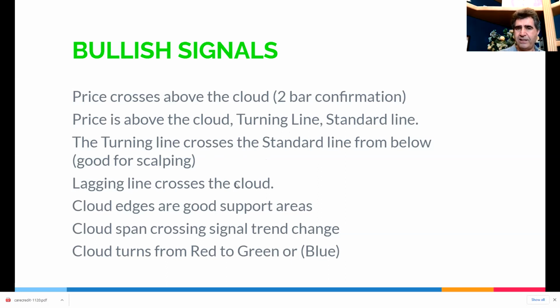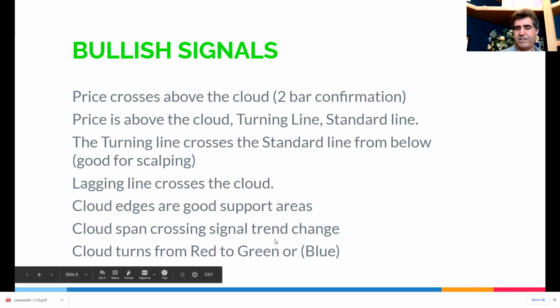When the lagging line crosses the cloud, the cloud edges are, as mentioned, very good support areas, so you can predict where you can put your stop losses or your purchase orders. Cloud span crossings signal trend changes.